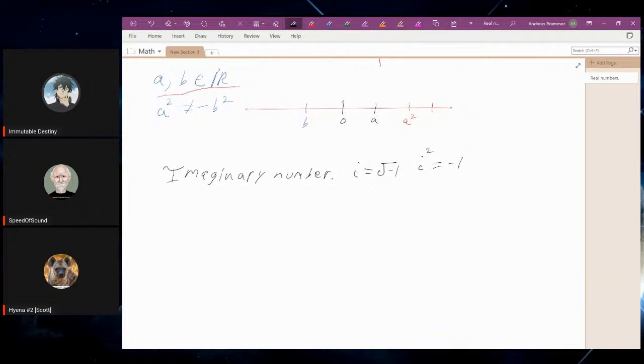Because it turns out that certain algebraic problems need this type of number to exist. Okay, great. So if that's an imaginary number, that's nice. It's a nice mathematical tool. But what does it really do for us? It doesn't seem to do much good.